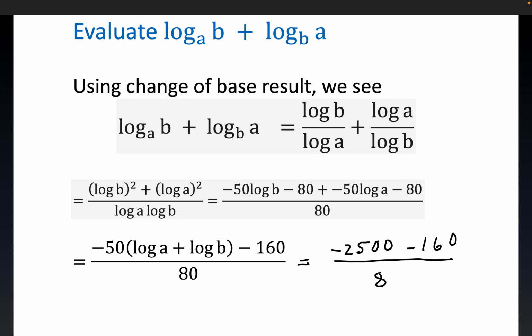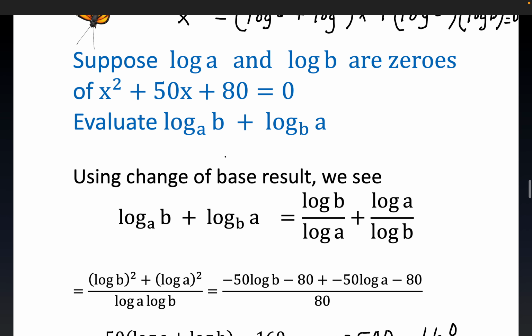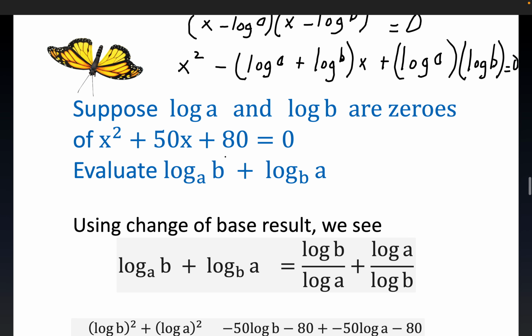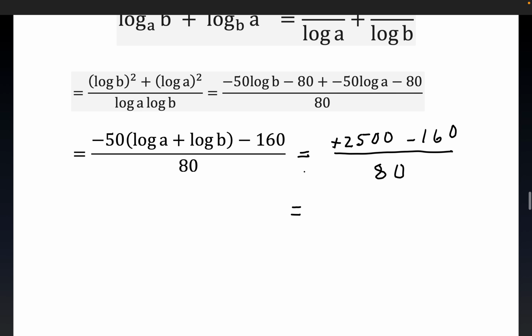All that remains is just to reduce this. Let's see, oh, this is plus, I'm sorry, folks. Because remember, log a plus log b would be minus 50 from the work we did up here, minus the sum of the logs equals 50, which means that's minus 50 times minus 50.